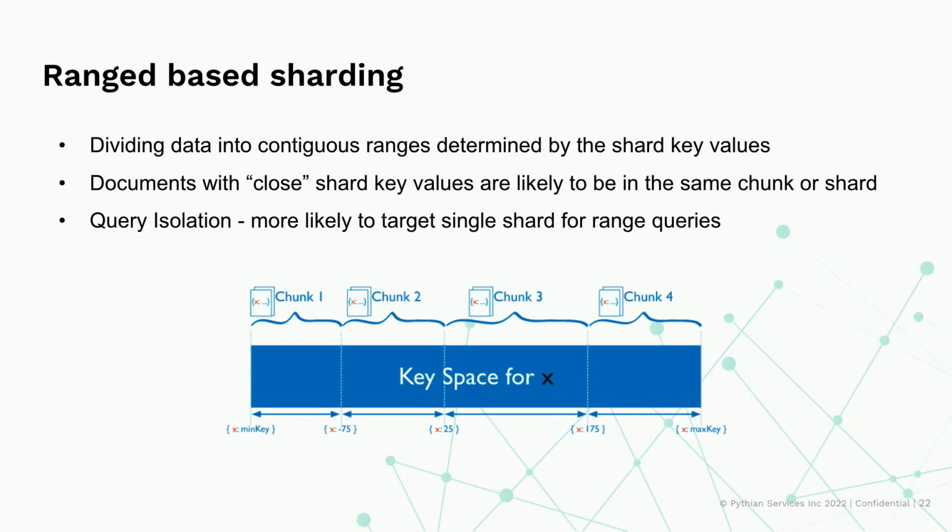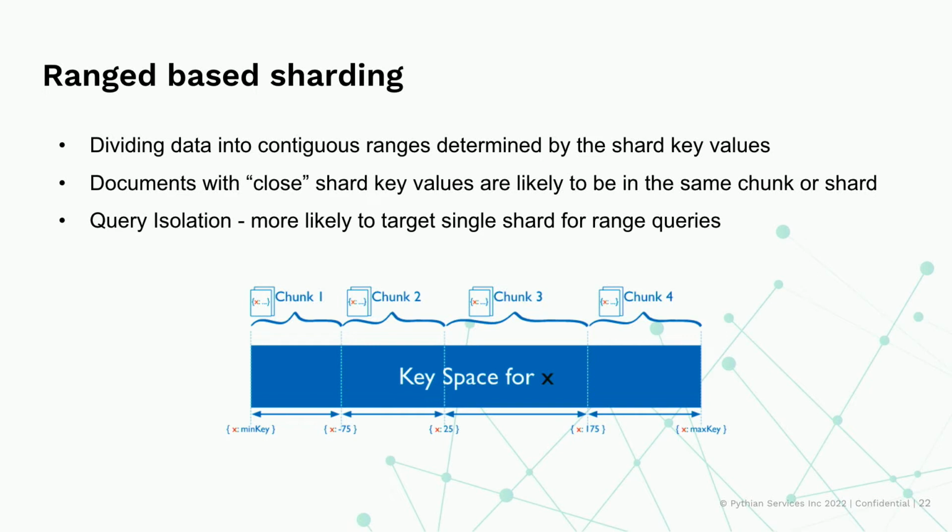There are two types of sharding. One is range-based. The other one is hash-based. So with range-based sharding, you are splitting the data into ranges. And those ranges are basically determined by the shard key values.